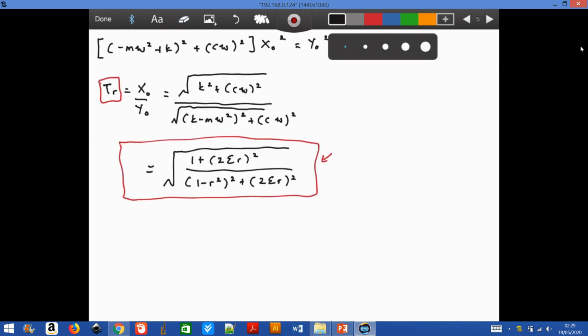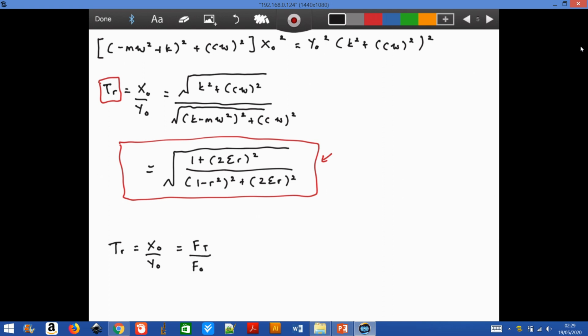Therefore, I can write the equation of TR, transmissibility ratio, which is x over yo, or I can also write it as force transmitted over excitation force, which is equal to square root of 1 plus (2 zeta r) squared over (1 minus r squared) squared plus (2 zeta r) squared.